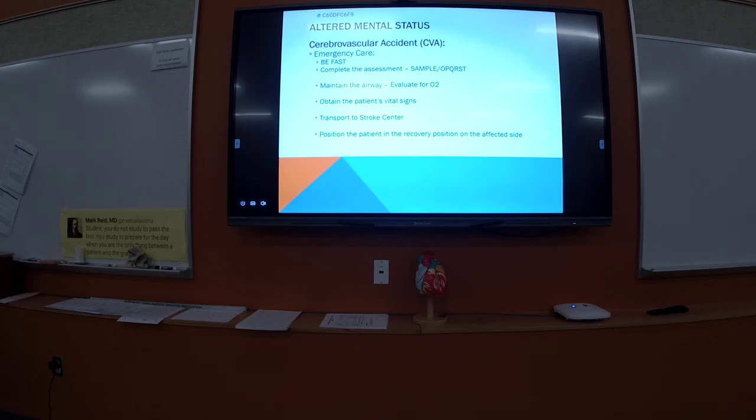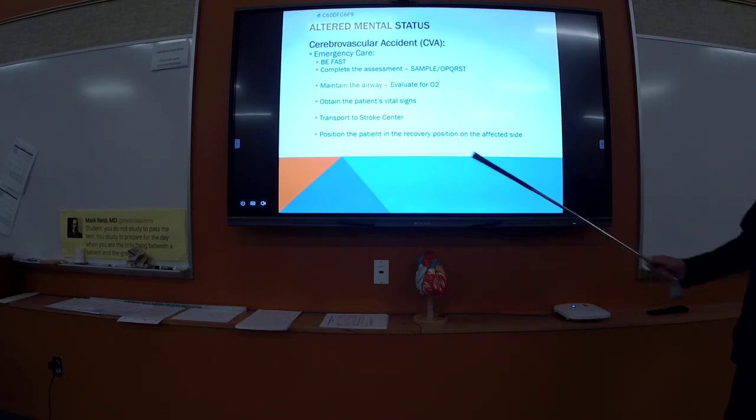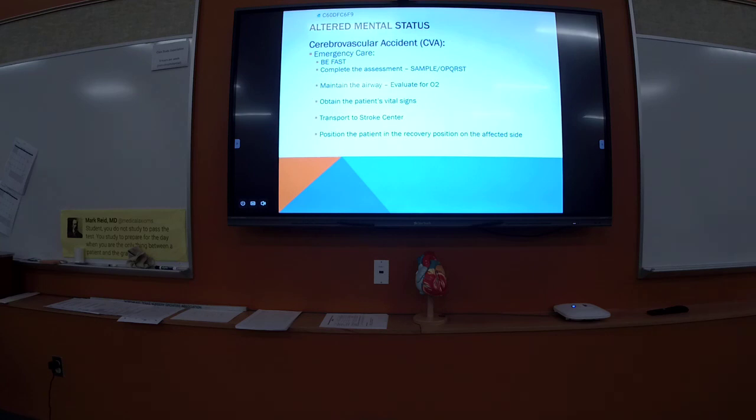It's pretty cool. I've seen it on video. They insert that catheter and go up and just sort of pull that clot out. Okay. But they do need to go to a stroke center, and make sure that you position them, like if they have paralysis on one side, that you're protecting that affected side.